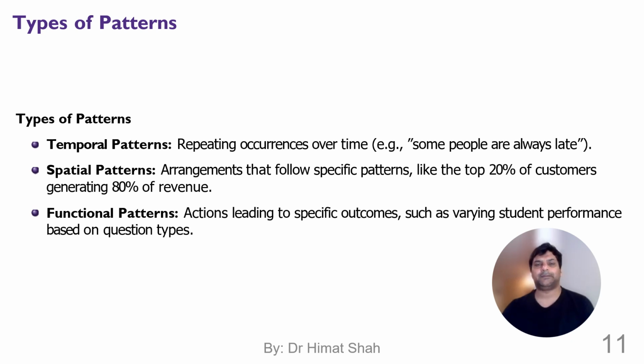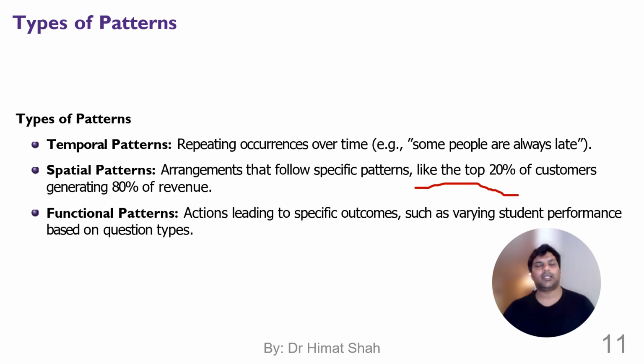The second type of pattern is the spatial pattern, which is arrangements following specific patterns. For example, we know the top 20% of customers generate 80% of revenue, which we already noticed from Pareto. The store location also affects customer visits.